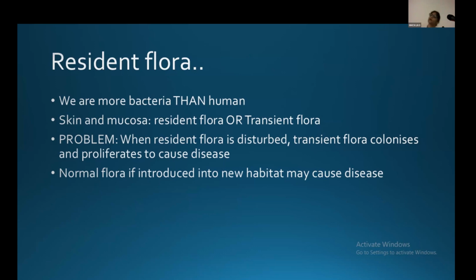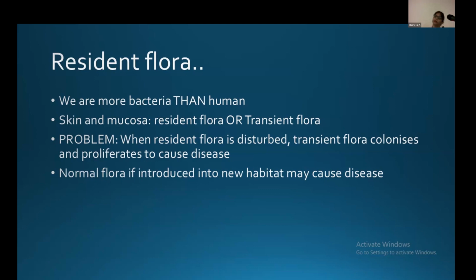First of all, it competes with the pathogenic bacteria. Second, it produces certain toxic metabolites, which have a harmful effect on pathogens. Third, anything else? You have something in mind? You were saying something, no? The guy in the second row from last. No? Okay. Basically, resident flora has the purpose of competing with pathogens and does not let pathogens harm us.